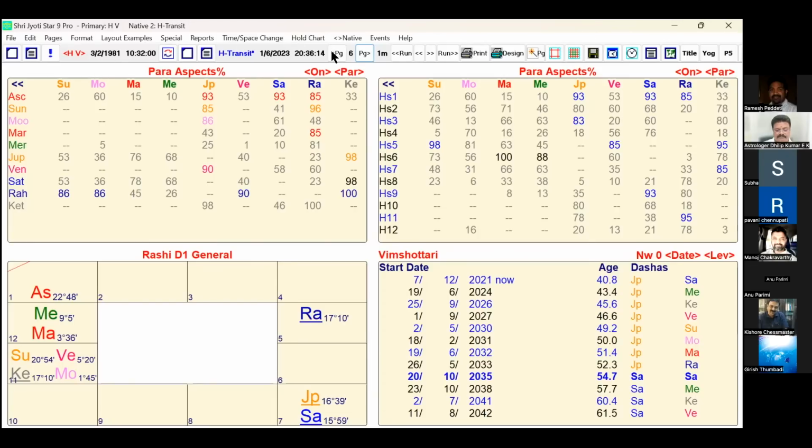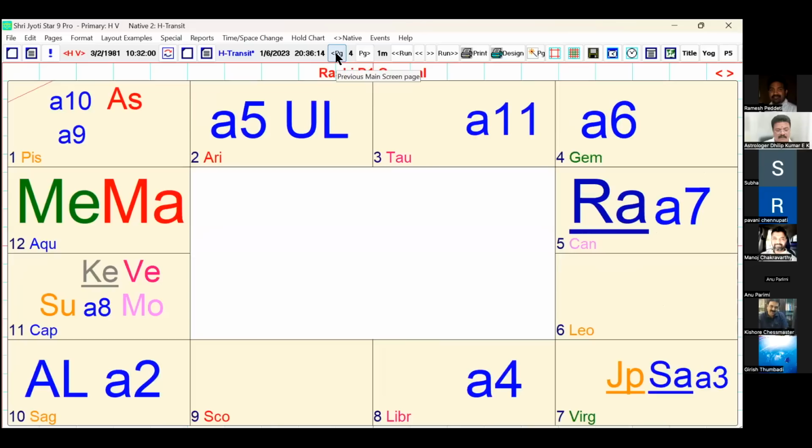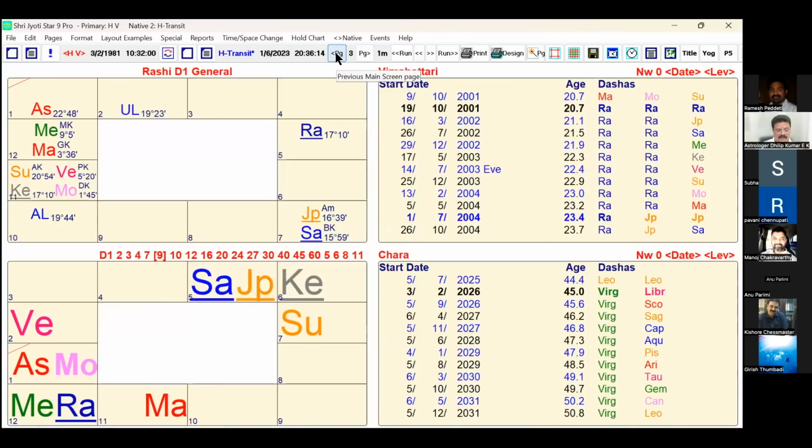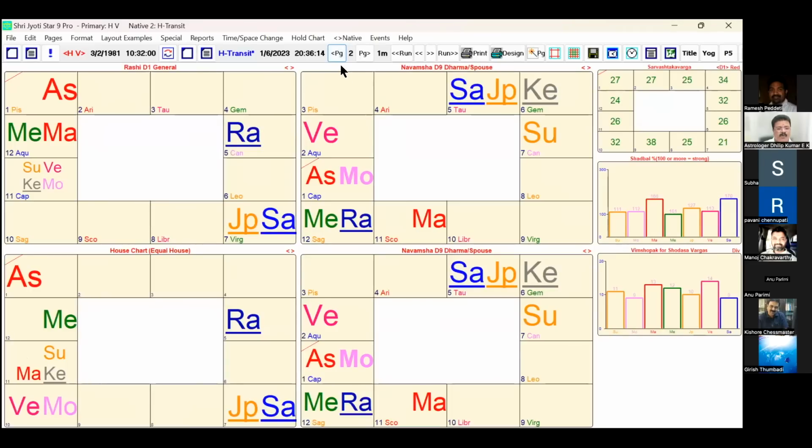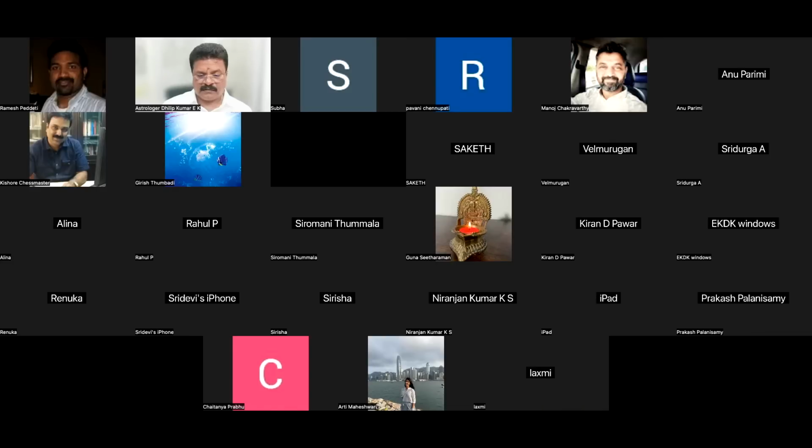Maybe we can have the transit chart at that time, then we can guess a little more. Okay, I'll pull up the transit chart. It's 2003, no problem. I'll convert from 2000 to 2003. You want me to stop sharing and you want to share your screen? Okay, Guruji. It's a particular date, Kishorji, in September 2003?